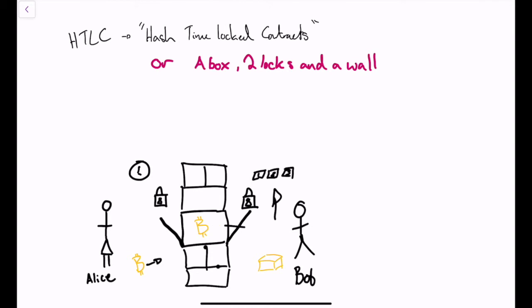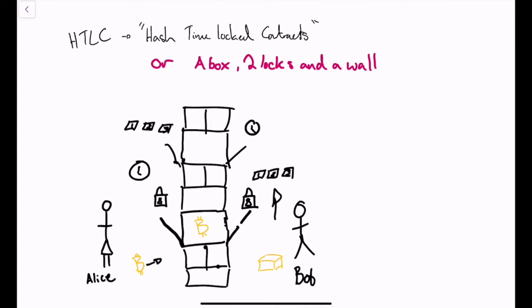Now, one thing that's kind of interesting is when we start to look at that from a Lightning point of view, is this idea of what you can do with 2 of these boxes in the same wall. So now what we're going to say is we've got a second box on this side. On this box, we're going to make this side also a time lock, and this side is also a hash lock.